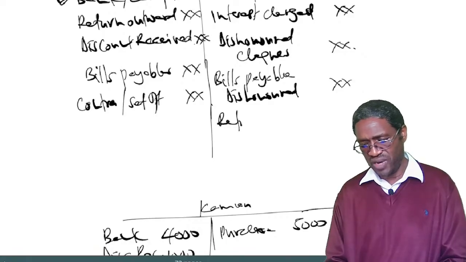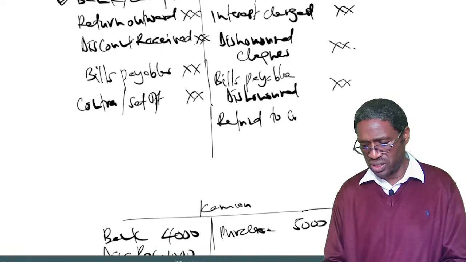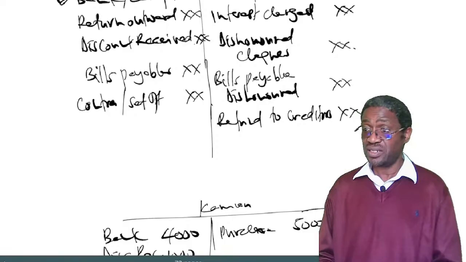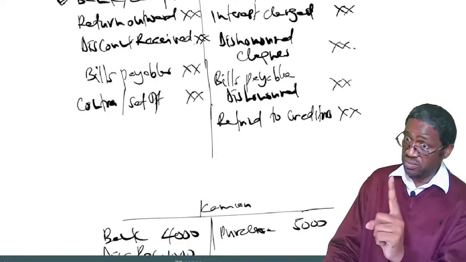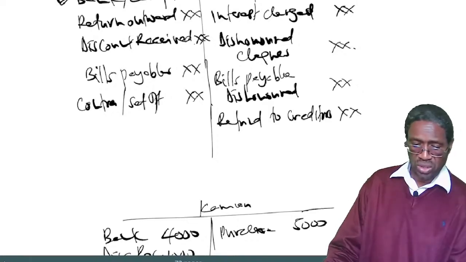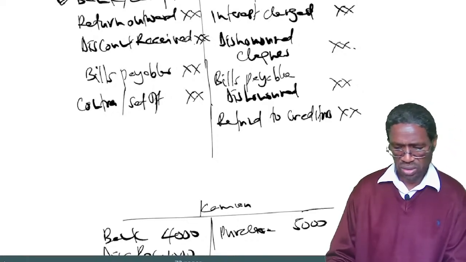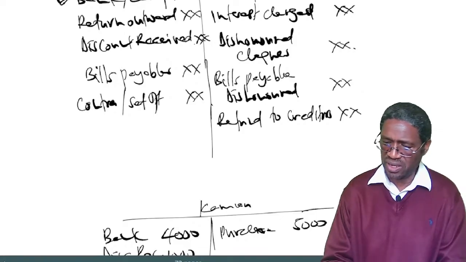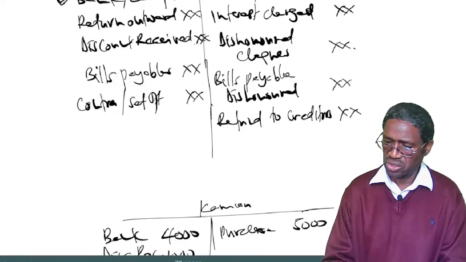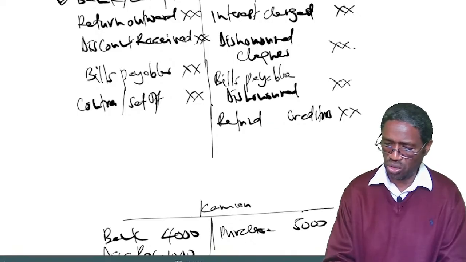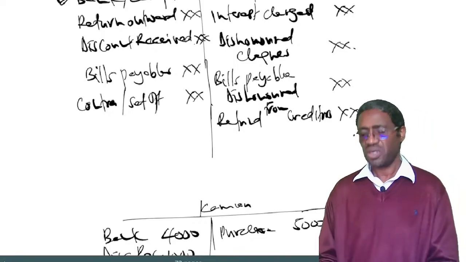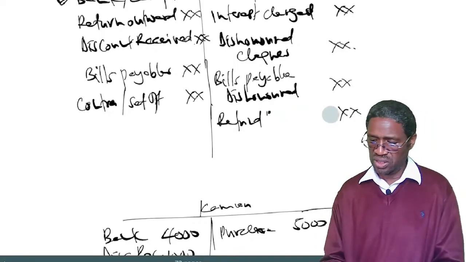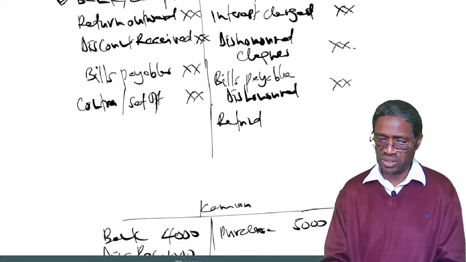So we say refund from creditors. Sorry, this should be refund by creditors, or refund from creditors. Let's put it that way. Refund from creditors.